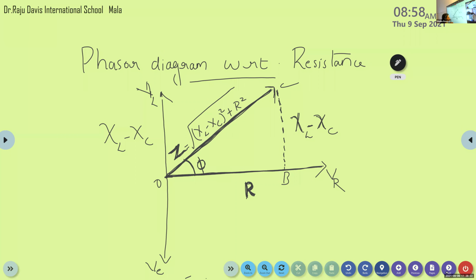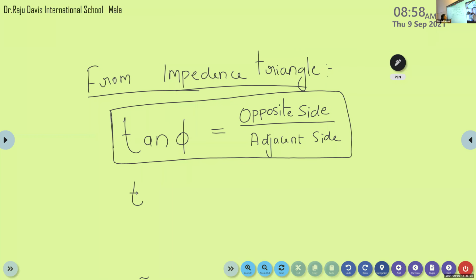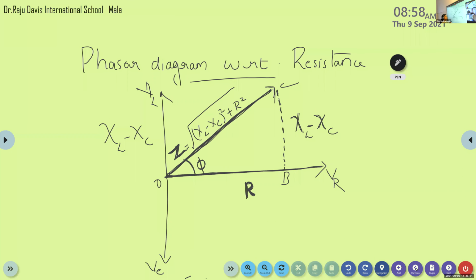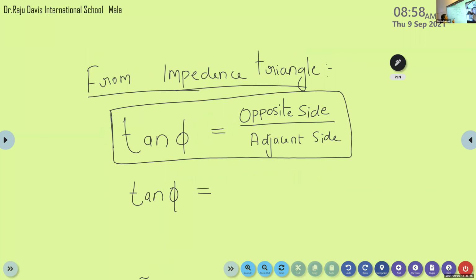So here we have tan phi equal to the opposite side. What is the opposite side in this triangle? X_L minus X_C. And what about the adjacent side? R. So tan phi is the opposite side divided by the adjacent side.